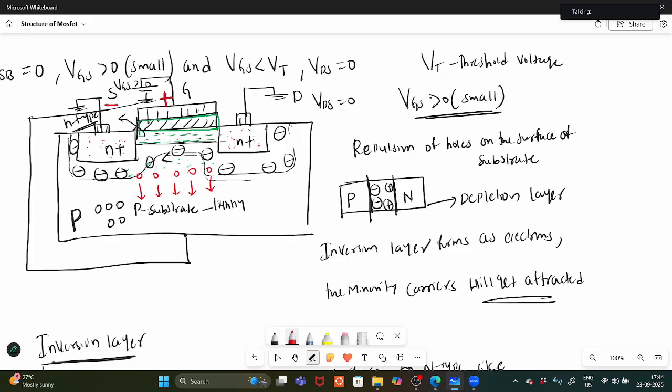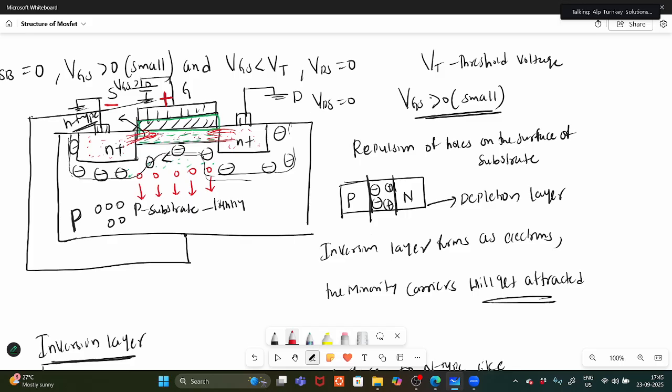Electrons. Yes, sir. So due to this, enough electrons are pulled from N plus; the electrons will be repelled and added in the channel. So with respect to source and drain, enough electrons are added in the channel.